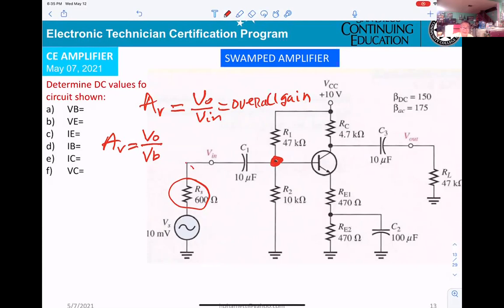So everything we did in the past, that means V out divided by VB. However, if you don't have this resistor here, VB and V in will be the same. But it does not happen for this circuitry. The thing is you get the resistance of the source here, 600 ohm.